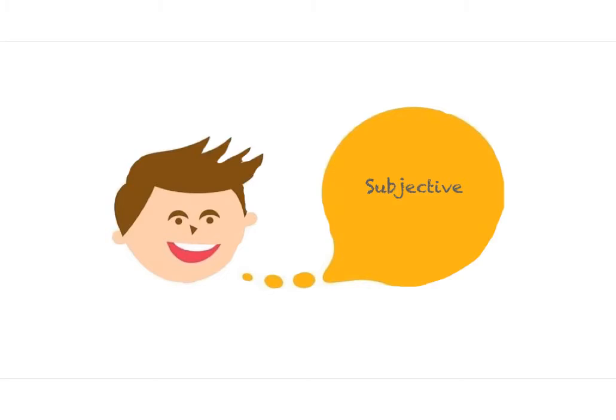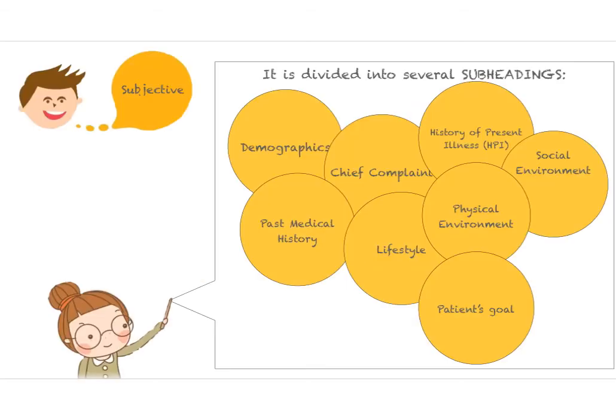Okay, so under subjective, we have the following. So remember, subjective is a major heading along with objective, assessment, and the plan. So under subjective, what do we find? Okay, so we have the following subheadings.